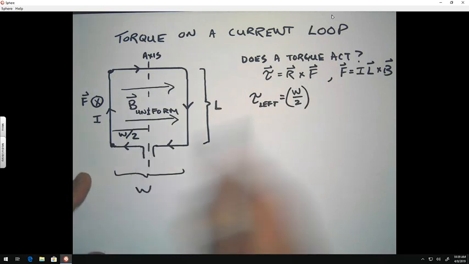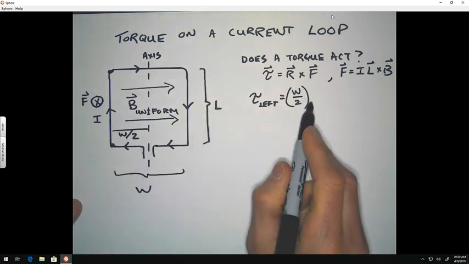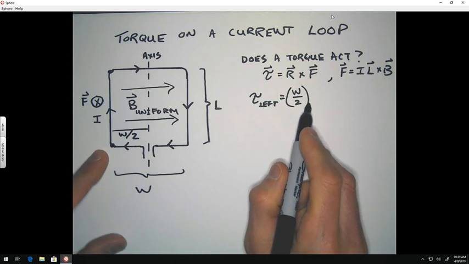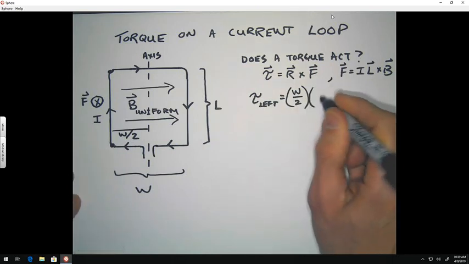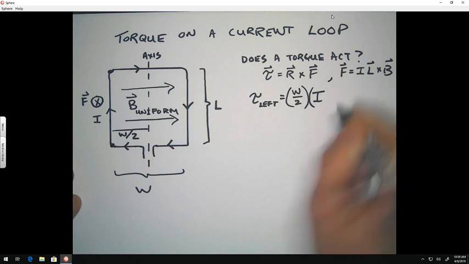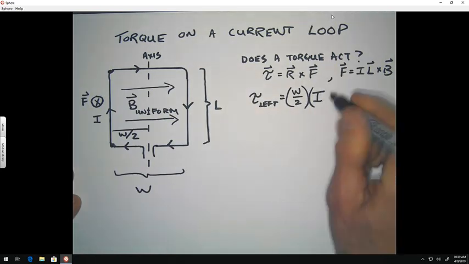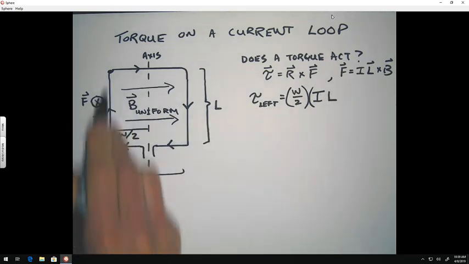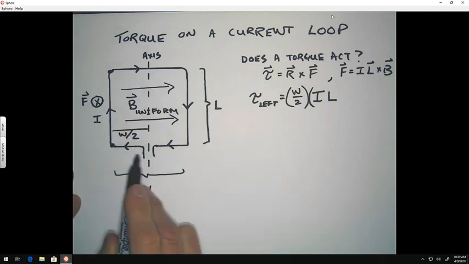times the force that's acting, and that force is going to be equal to I times L. In this case, L is actually that L, so the L matches up with our formula here.